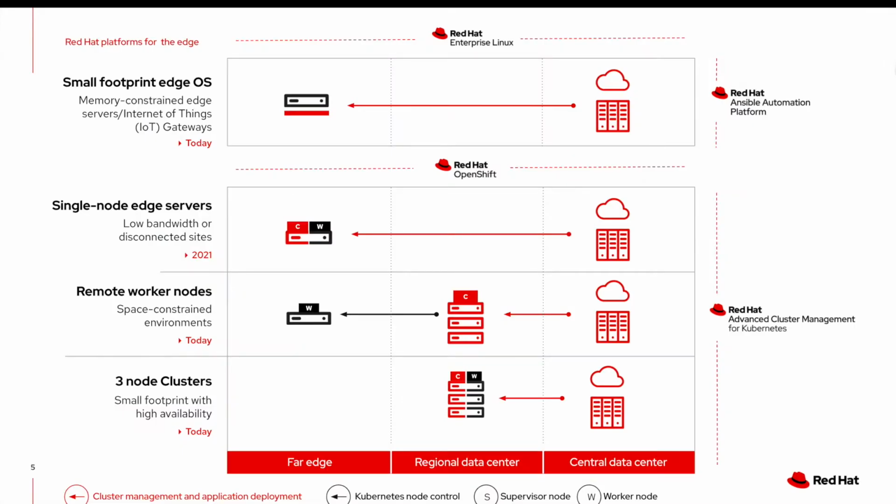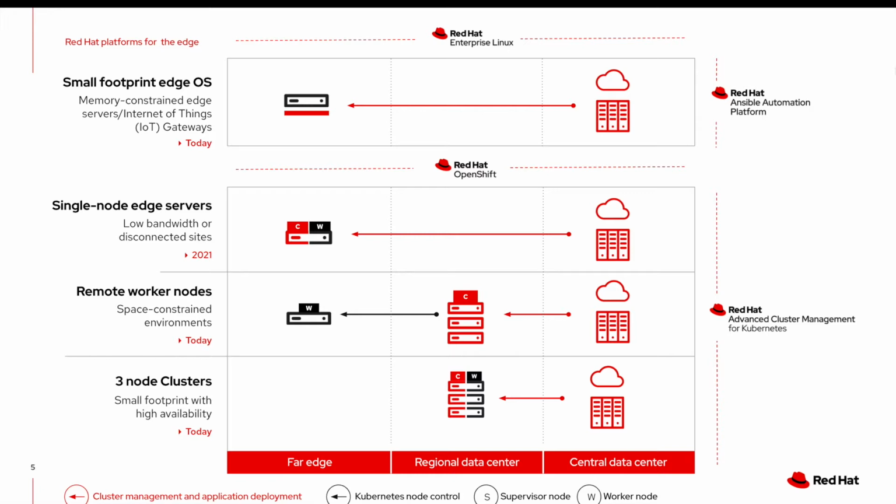Red Hat offers a number of different offerings to satisfy the requirements of the different edge tiers. For environments with more connectivity, Red Hat OpenShift Container Platform offers a compelling solution for running applications in a central data center and in some edge situations with the remote worker node feature.